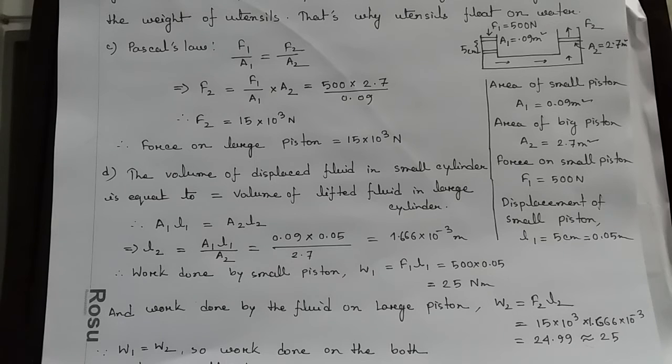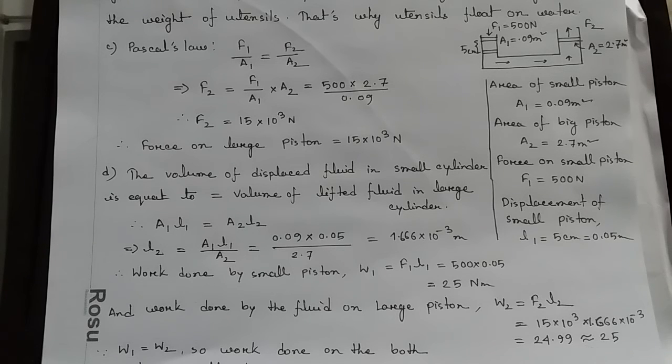Applying this logic, we can say that A1 L1 equals A2 L2, where A1 L1 is the volume of displaced fluid in the small cylinder, and A2 L2 is the volume of lifted fluid in the large cylinder. From this equation, after a small calculation, we can determine the value of L2.